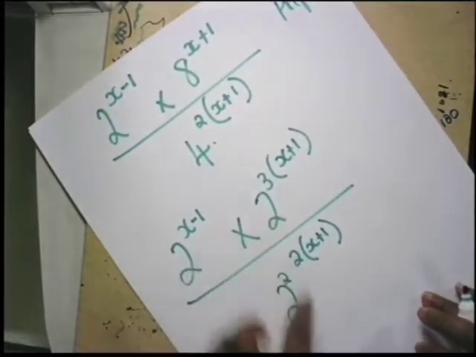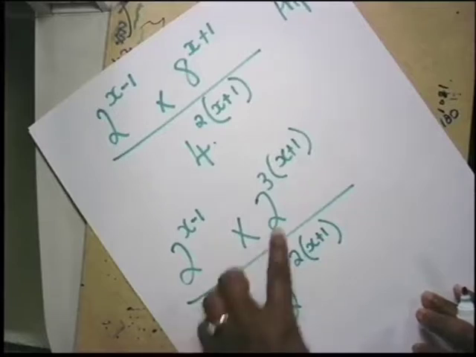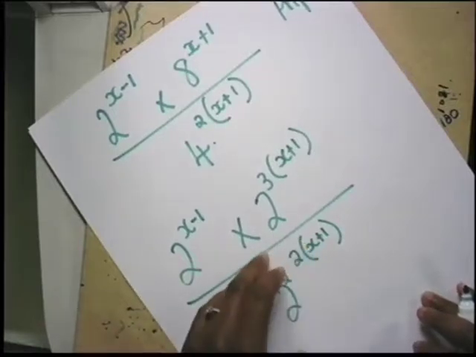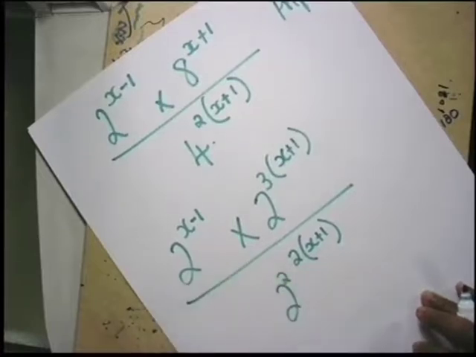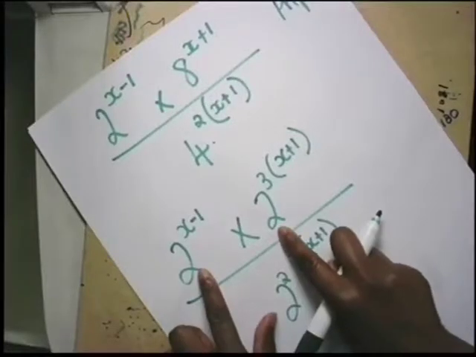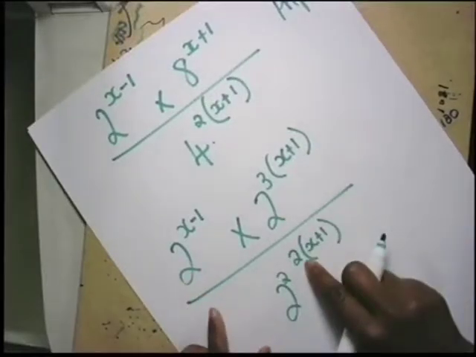Now our bases are the same. What must we do in case our bases are the same? We have 2 operations here, multiplication and division. We can multiply first. What do we do in multiplication? When we multiply, we add the indices together. So if the bases are the same, we add the indices together.